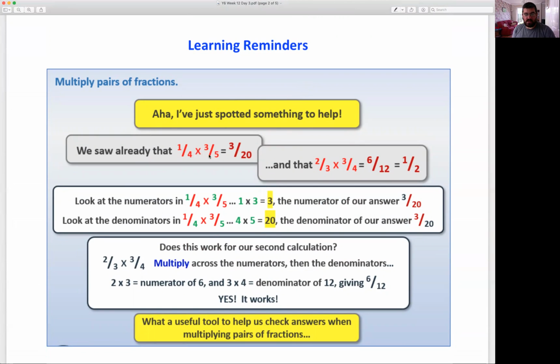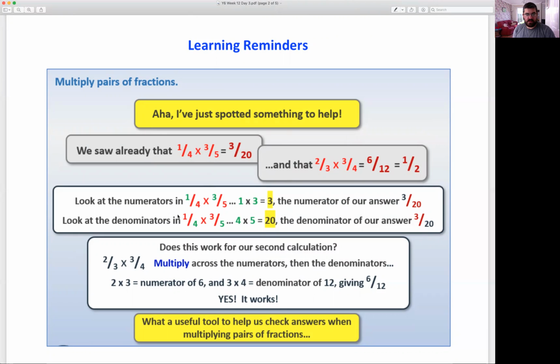If 1/4 times 3/5 was 3/20, and 2/3 of 3/4 was 6/12, let's focus on the numerators. 1 times 3 is 3, the same numerator.